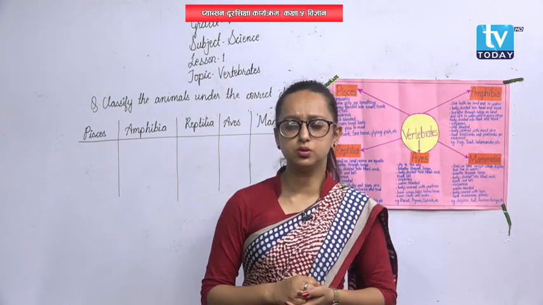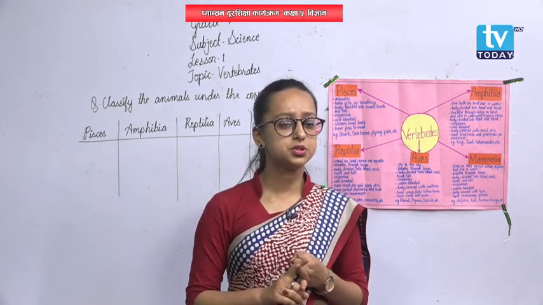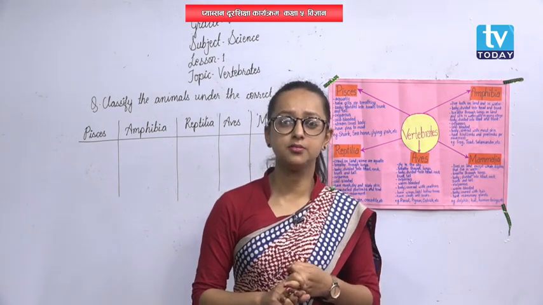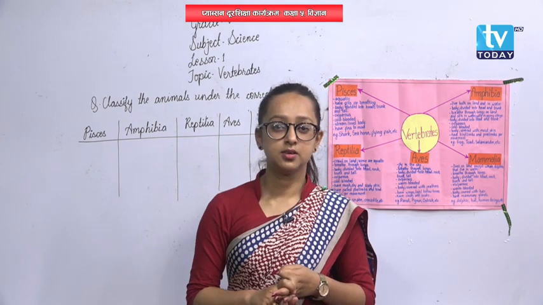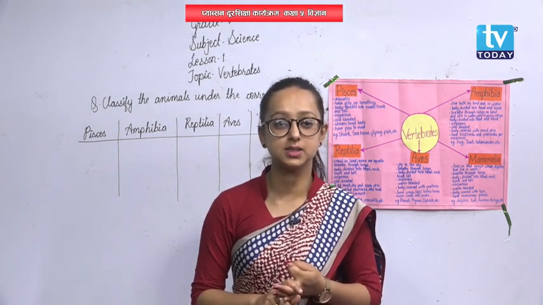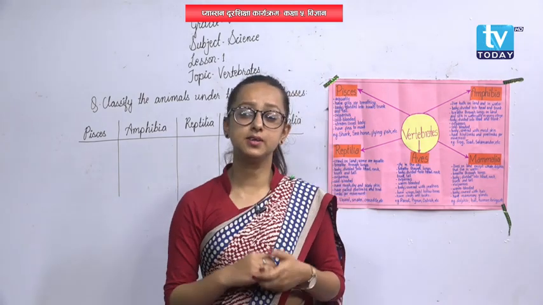And I told you they fly in the air. Then penguin, ostrich, kiwi. Can you think of them? Can they fly? No, they cannot. They are flightless birds, yes? Then in which class can we keep them, if they can't fly?